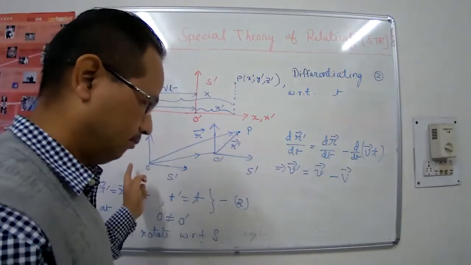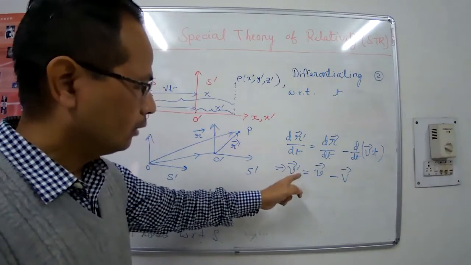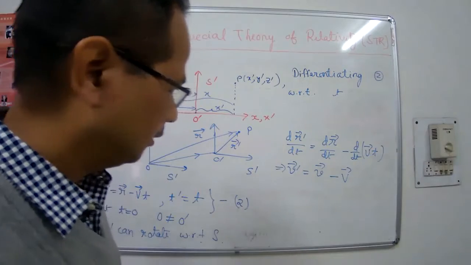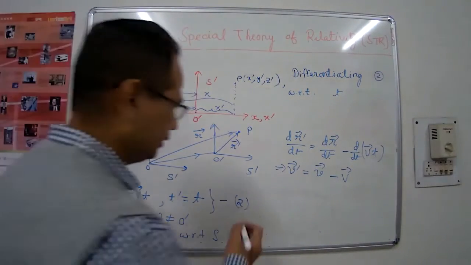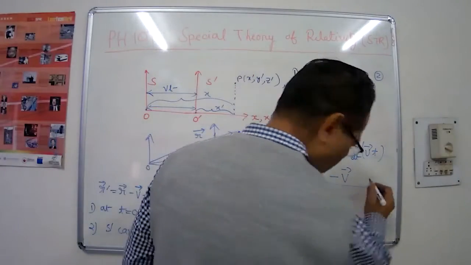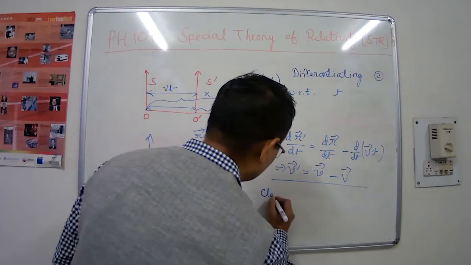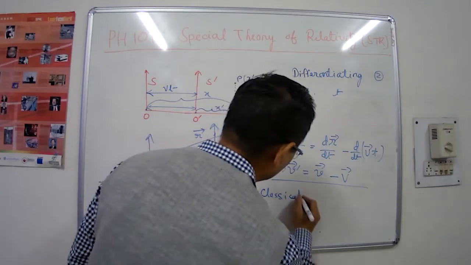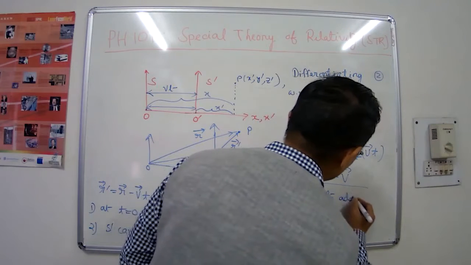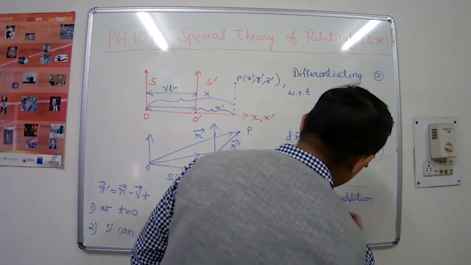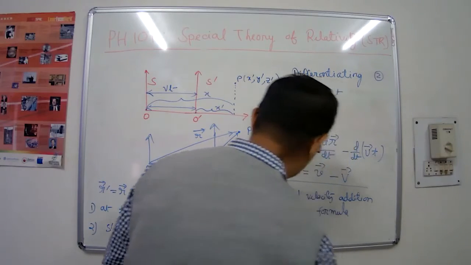S prime is moving with a velocity capital V. So v prime equal to v minus capital V. So this is known as classical velocity addition formula.